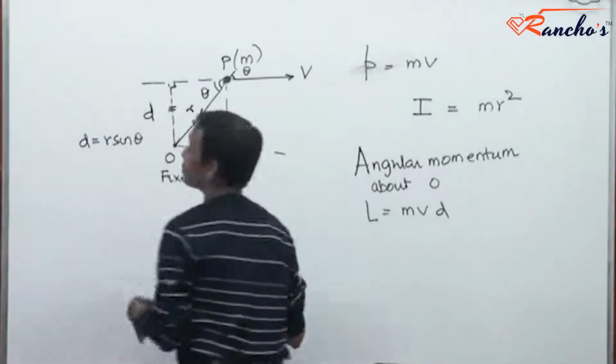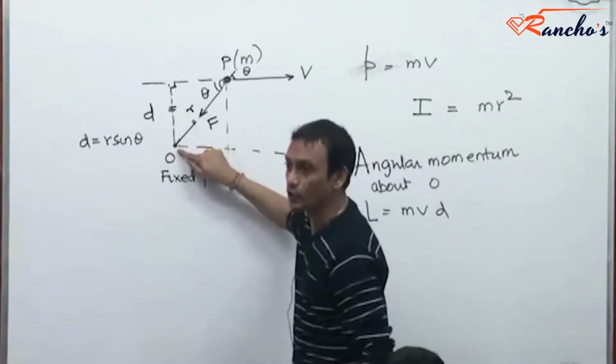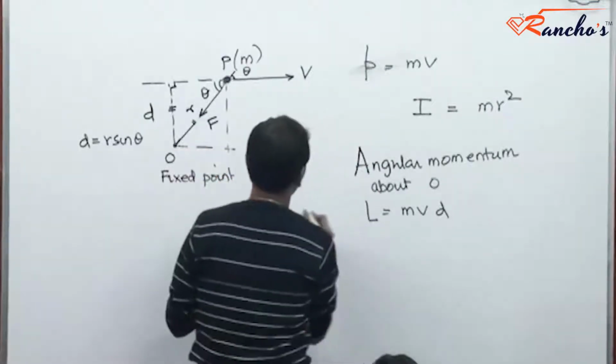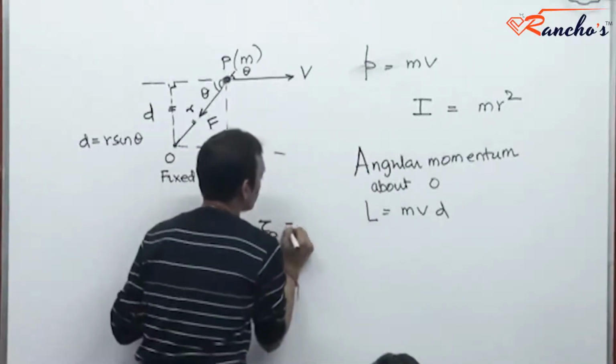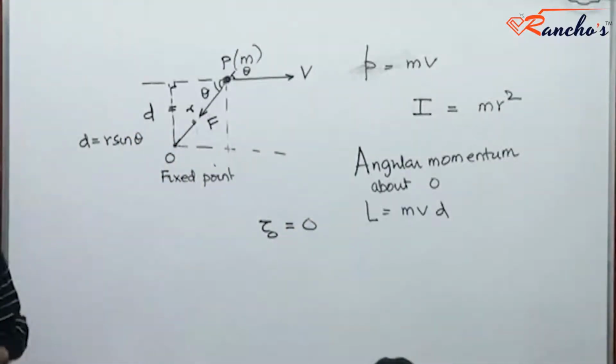Because what is torque? Torque is force into the perpendicular distance of its line of action from the fixed point O, which is 0. If the line of action of the force passes through O, it's going to produce no net torque about O.